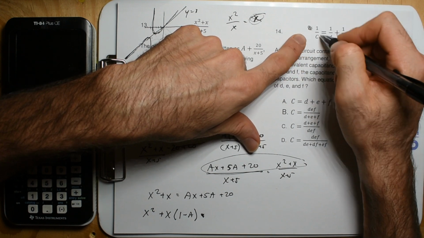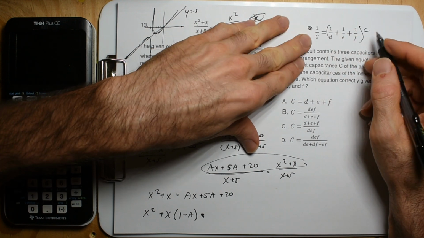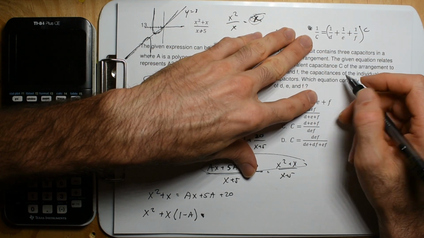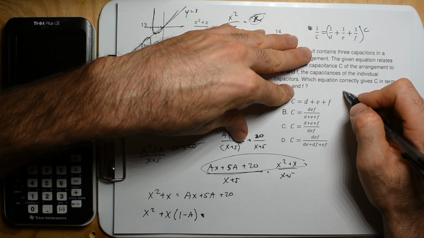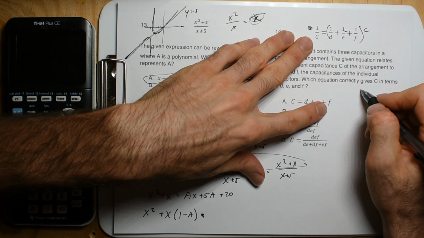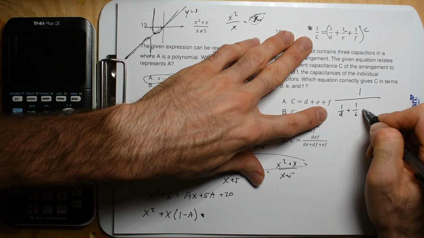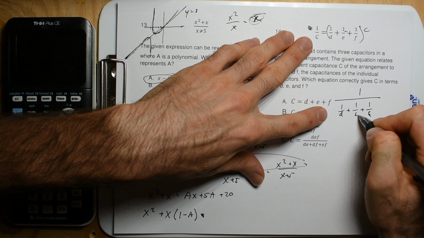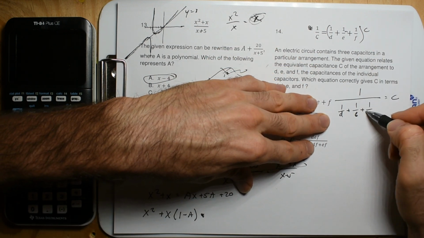Wouldn't we just bring C up top over here? So we would have 1, and then we would have to get this downstairs. So we would have 1 divided by D plus 1 divided by E plus 1 divided by F is equal to C. Okay, but what is all this?